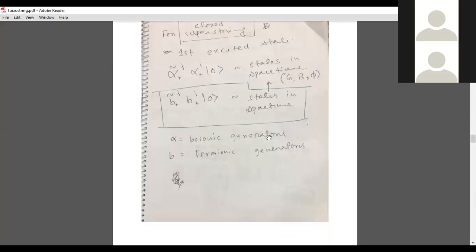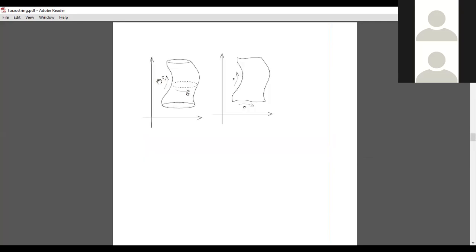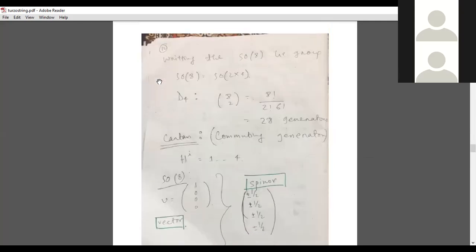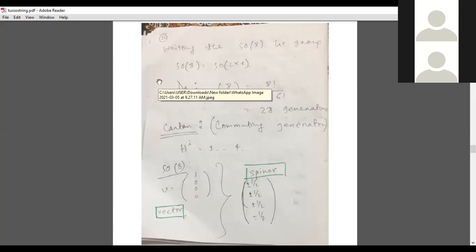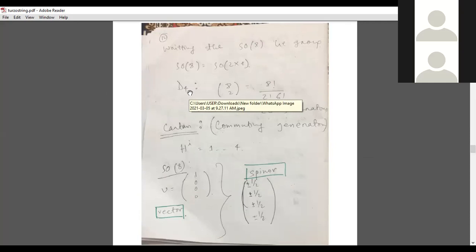So you can have these alphas bosonic or fermionic, but because they have space-time indices, they are always vector-like for the bosonic part, right? So we are dealing with our SO(8). SO(8) comes from Lie algebra classification D4, but we are not going to bother so much about it.